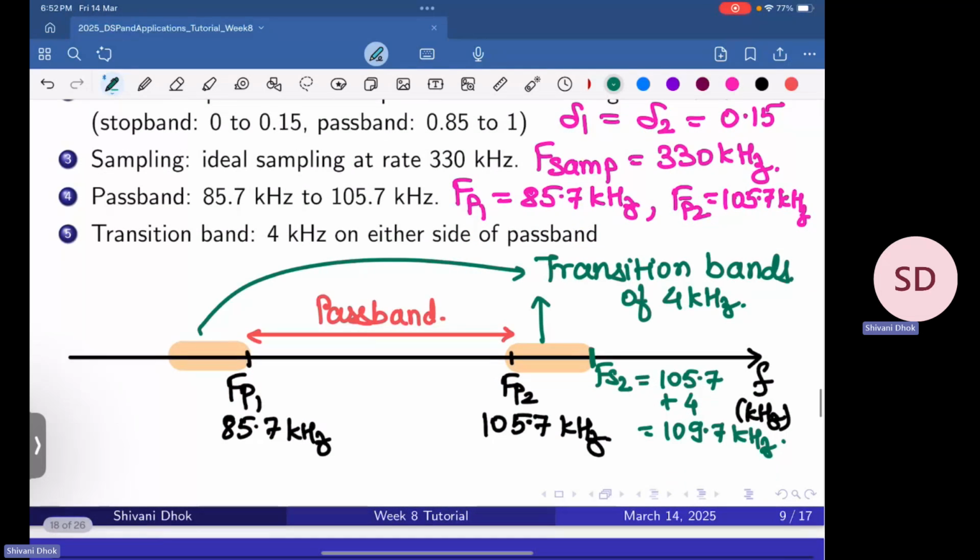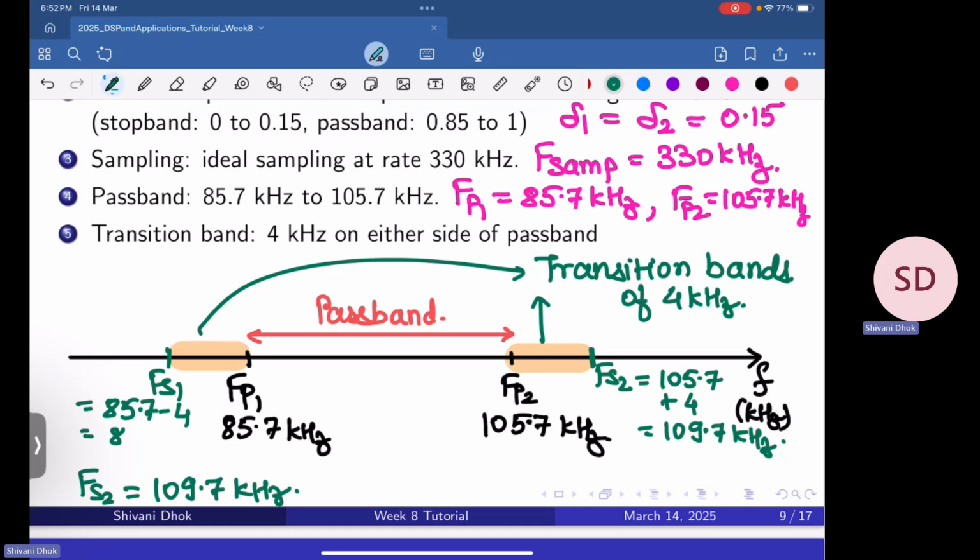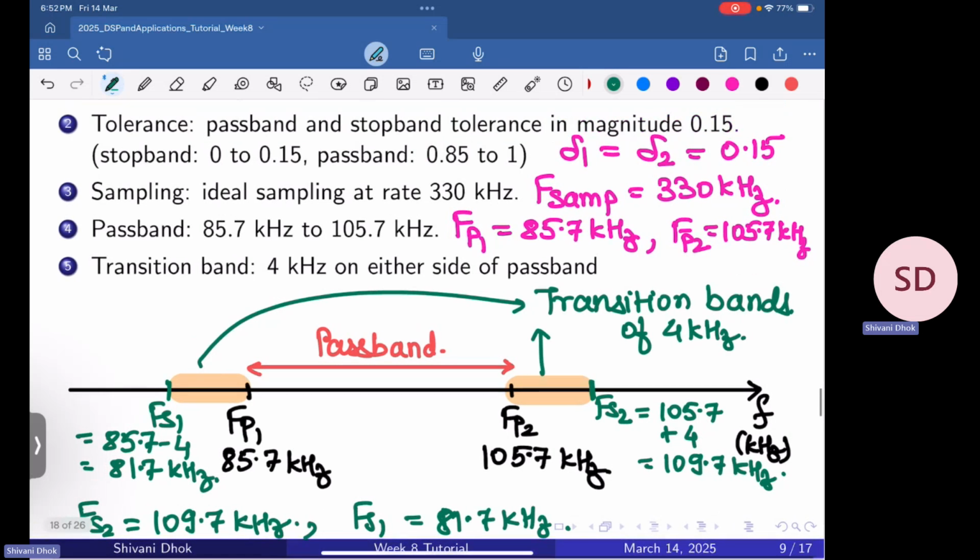So we get FS2 as 109.7 kilohertz, and in similar fashion this frequency here is our FS1, which is 85.7 minus 4, that comes out to be 81.7 kilohertz. So we have all the information given to us.